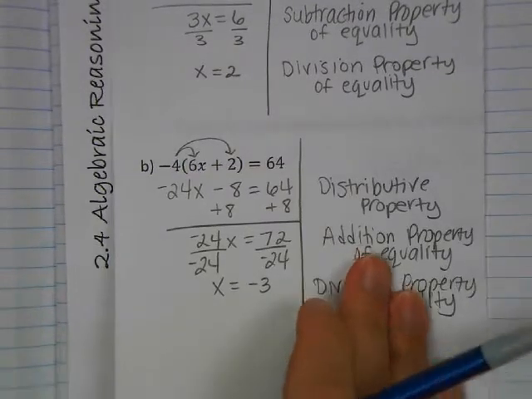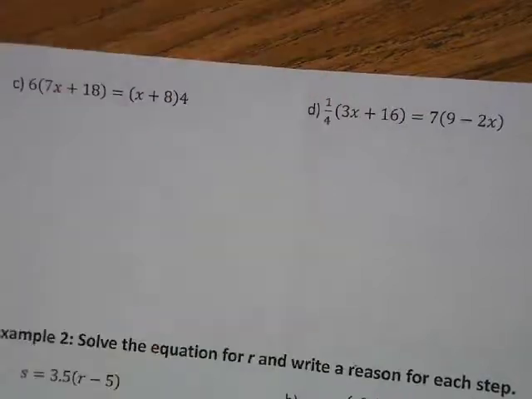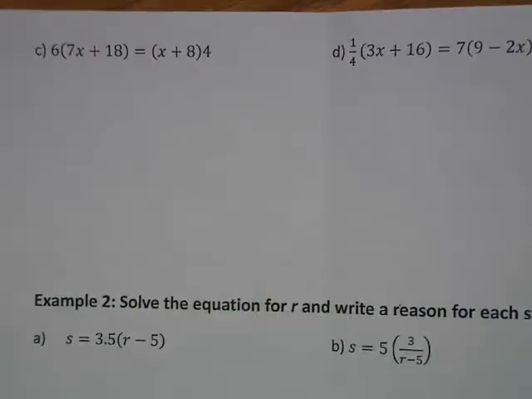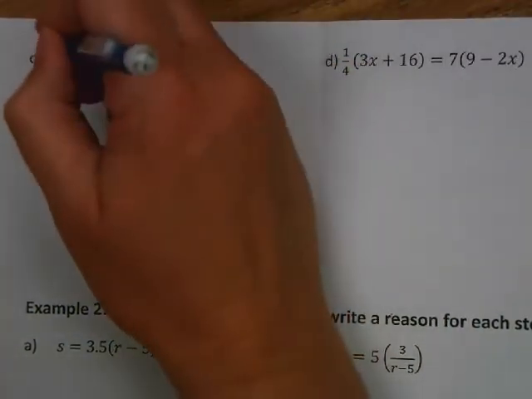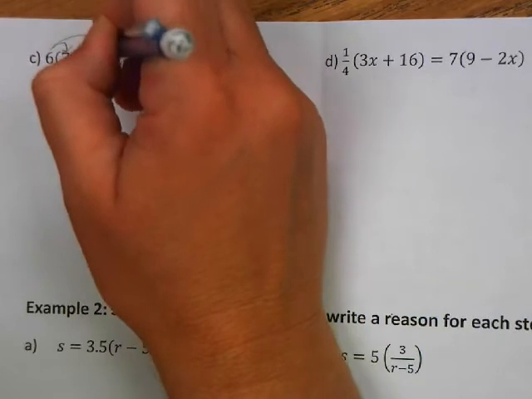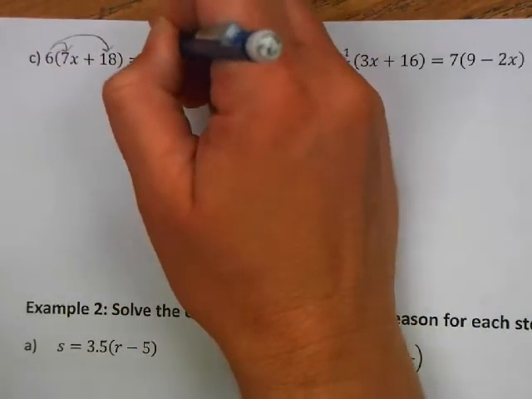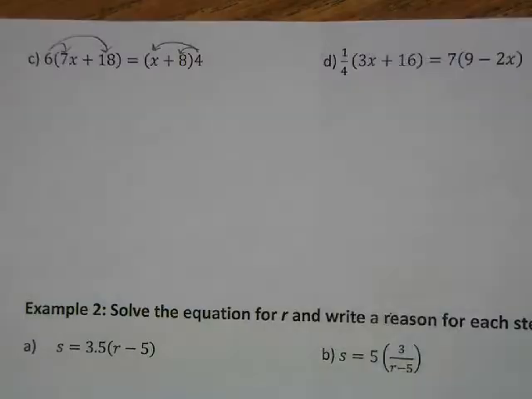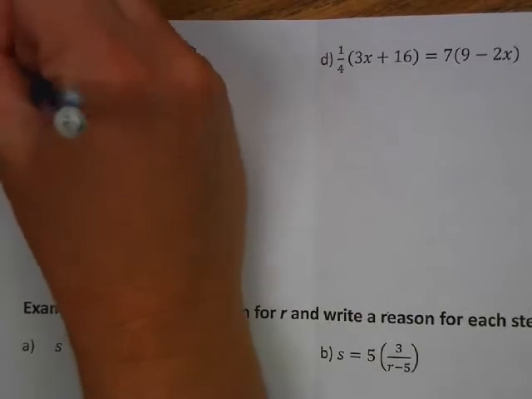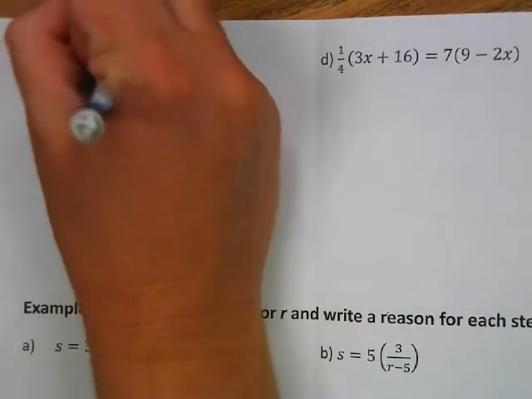All right, we're going to keep going with this and opening up. You'll have still example 1, parts C and D. So part C, you have to distribute on both sides. So on the left side, when you distribute, you're left with 42x plus 108.